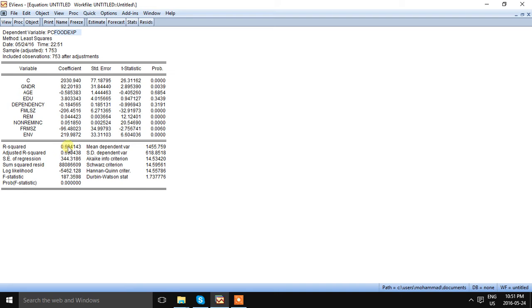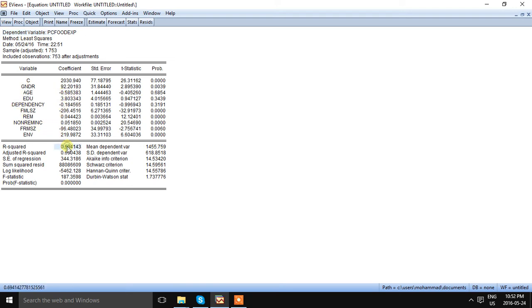I am repeating the statement again. Here the R squared value means 69% variation in the dependent variable, in our case per capita food consumption expenditure, can be explained by all the independent variables significantly.